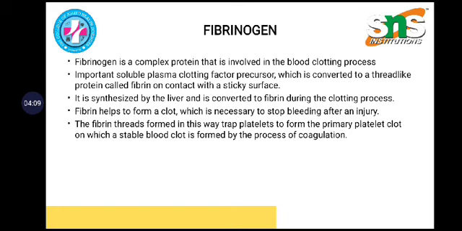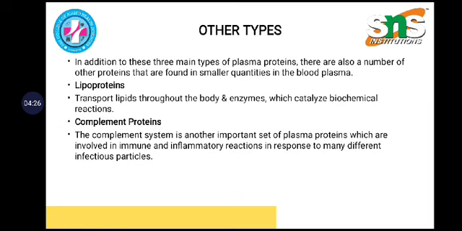Fibrin helps to form clots, which is necessary to stop bleeding after a cut or injury. These fibrin threads trap platelets to form a primary platelet clot, and a stable blood clot is formed from the process of coagulation.